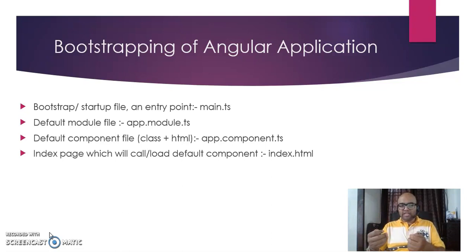Of course, you can change it later if you want to. You will have one app.module.ts file as the default module file, an app.component.ts file as the default component file, and an index.html as the index page. This is what you get in any of these CLI seed projects, but if you wish to change it, you can do it very easily.